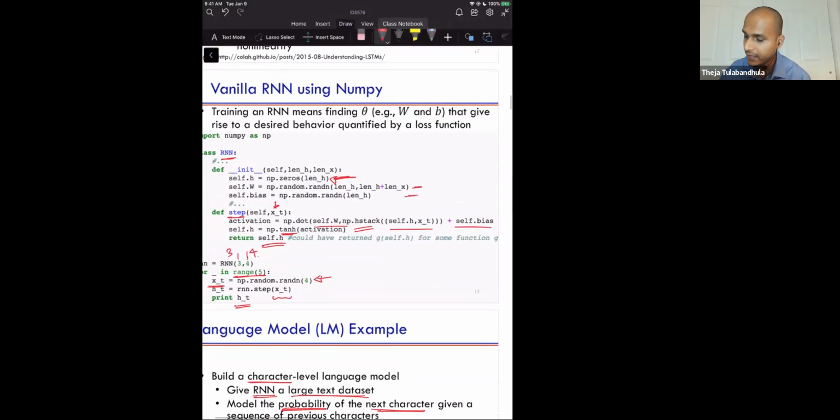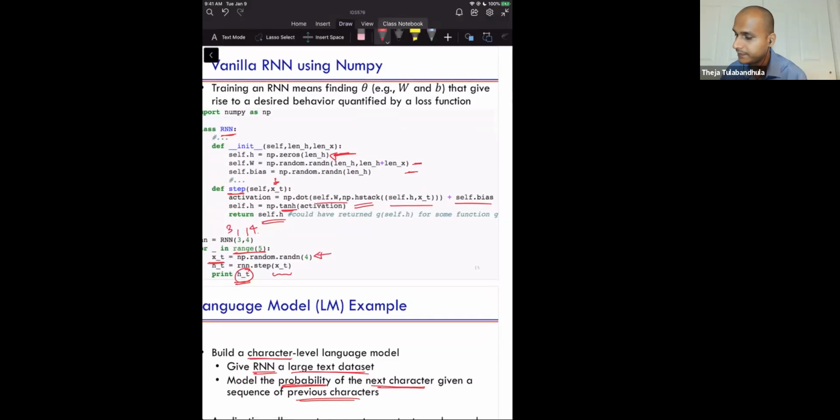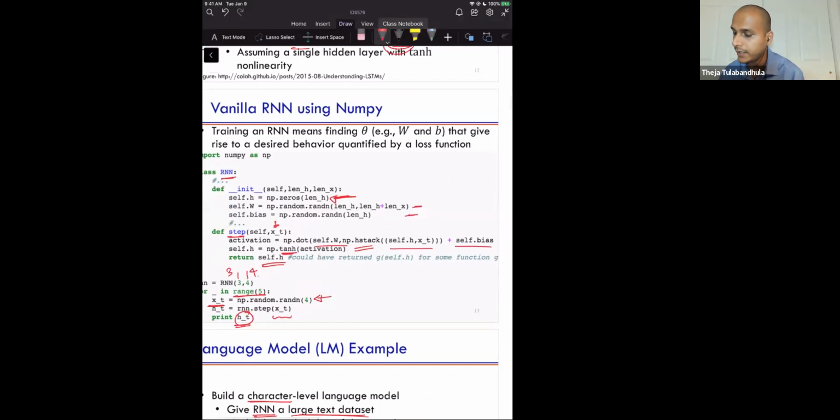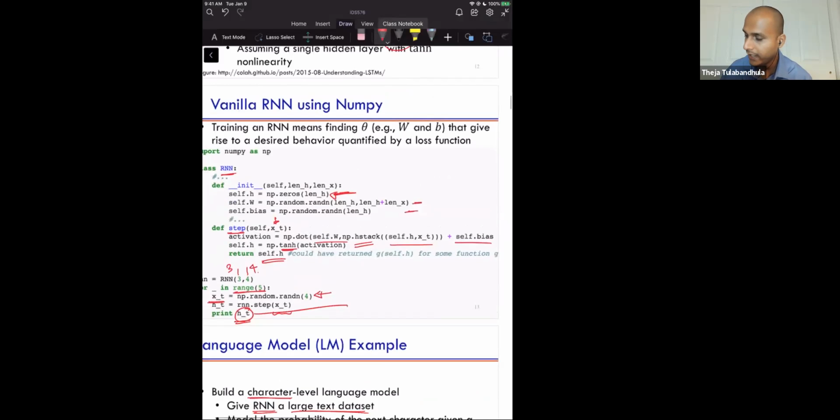So given h_t, you can go to o_t, let's say, as a vector, which is again going to be in 4 dimensions.